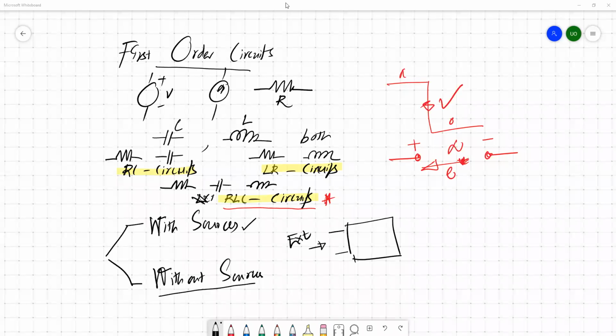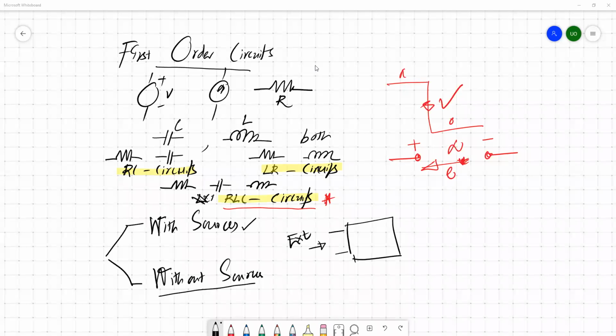Once you apply a voltage, the capacitor can absorb a certain amount of energy, and then it acts as a kind of voltage source once it's charged. Similarly, the inductor is the same. Once you charge the inductor, it acts as a kind of current source.